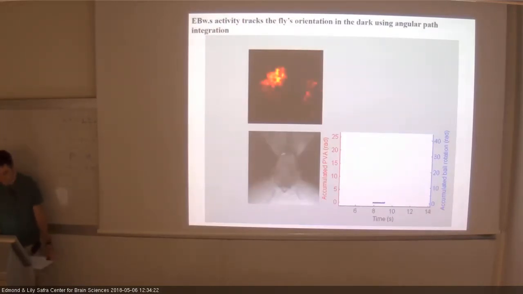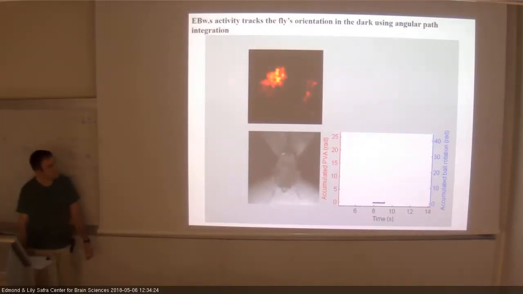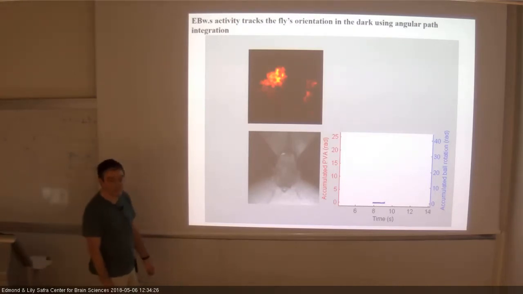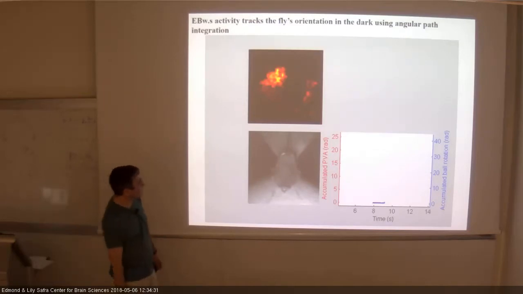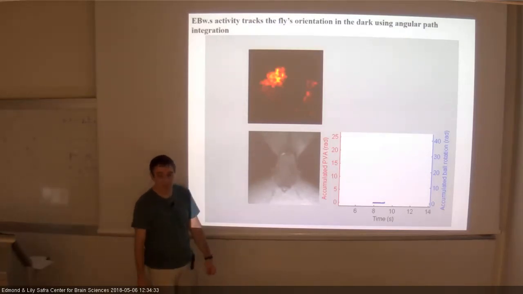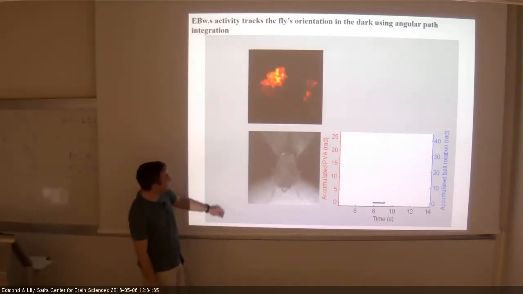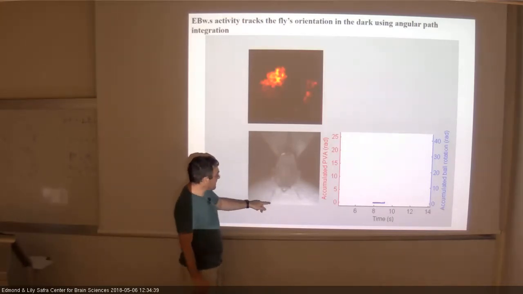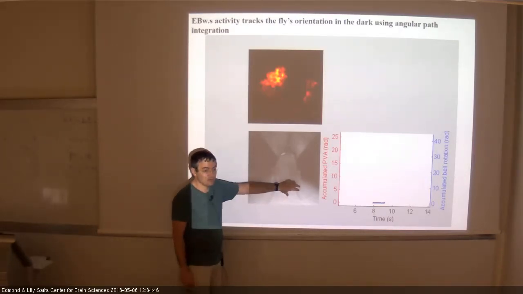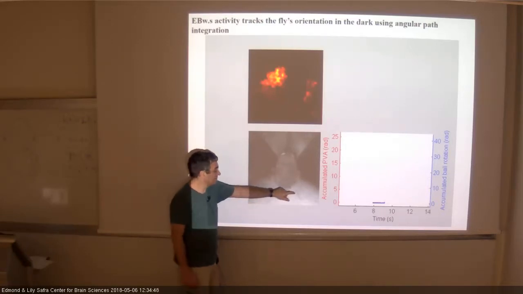And finally, what happens in the dark, in the absence of any visual input? It turns out that you see the same thing. You see this bump of activity, and the location of the bump of activity can be mapped to the angular direction of the fly as measured from the rotation of this ball.